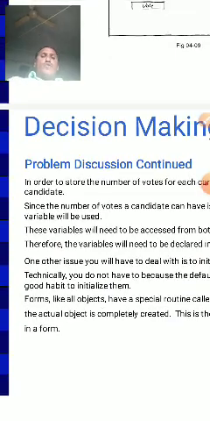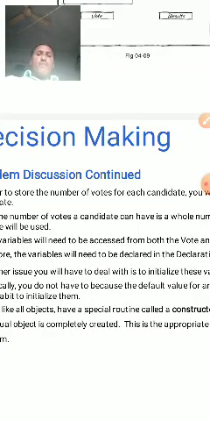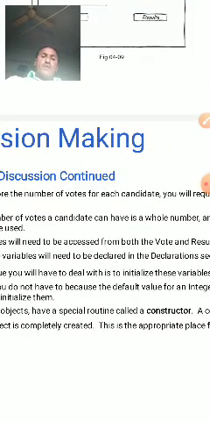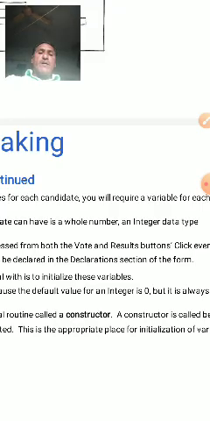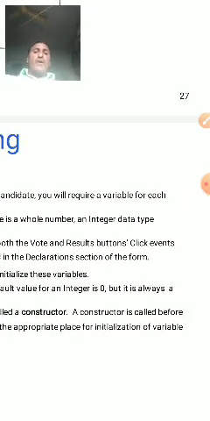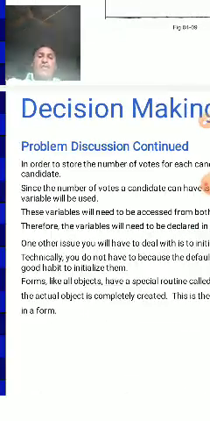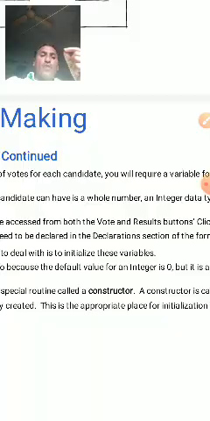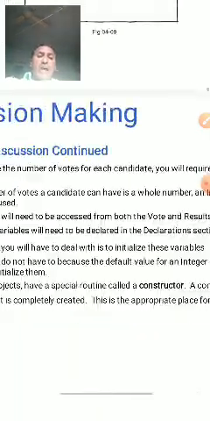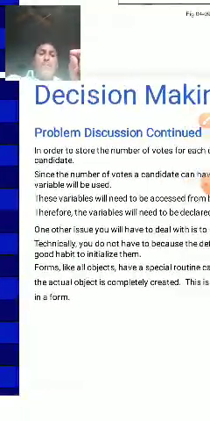In order to store the votes for each candidate, you will require a variable for each candidate. Since the number of votes can be stored as integer data types, integer variables will be used.